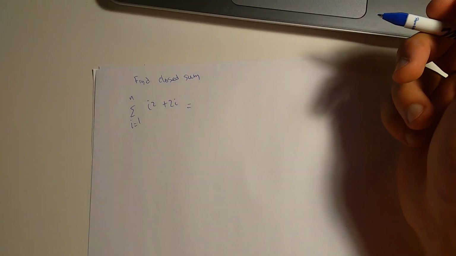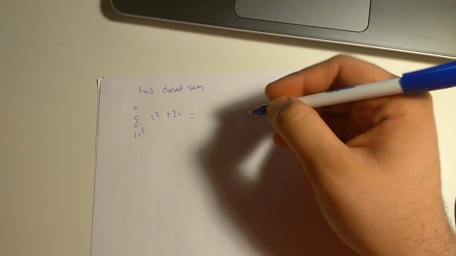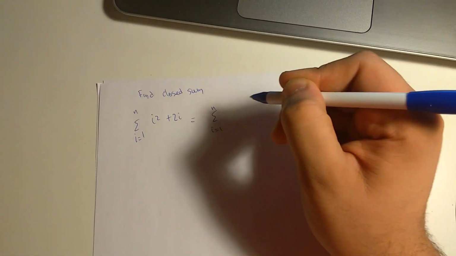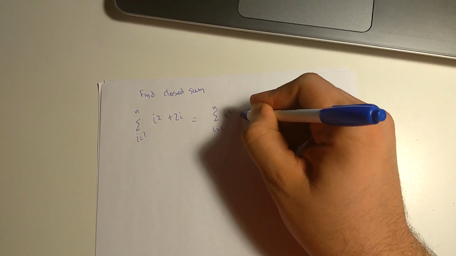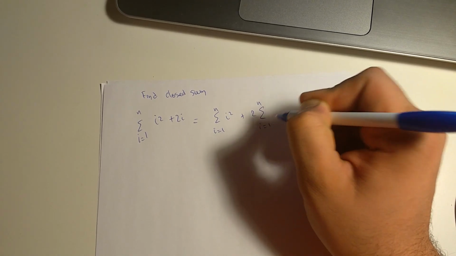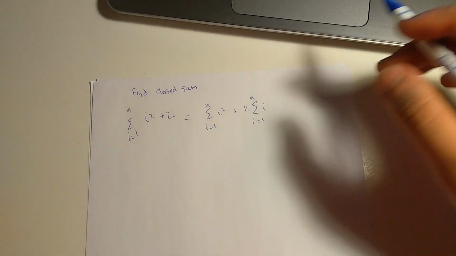And if you look at your textbook, any textbook, we can separate the sums. That is the sum of i squared plus the sum of 2, just like that. These are valid statements.